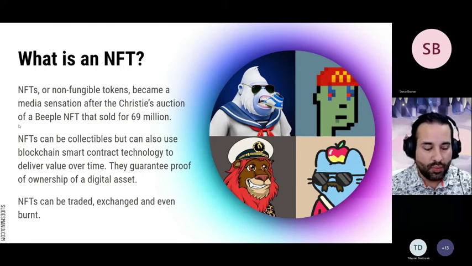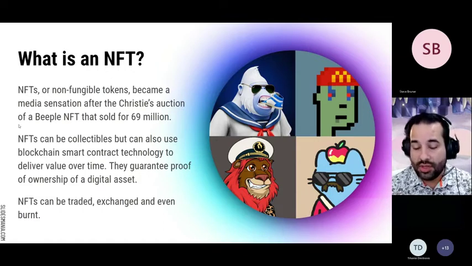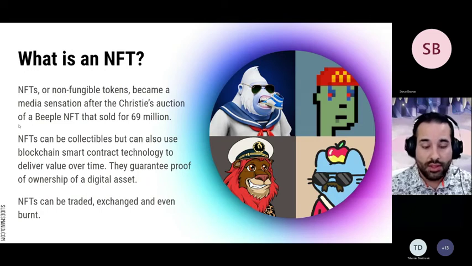So what a lot of these NFT collections offer you is value over time. If you've heard of things like the Bored Ape Yacht Club and CryptoPunks, those things have become brands of their own, right? These NFT collections have become brands, actual companies of their own.